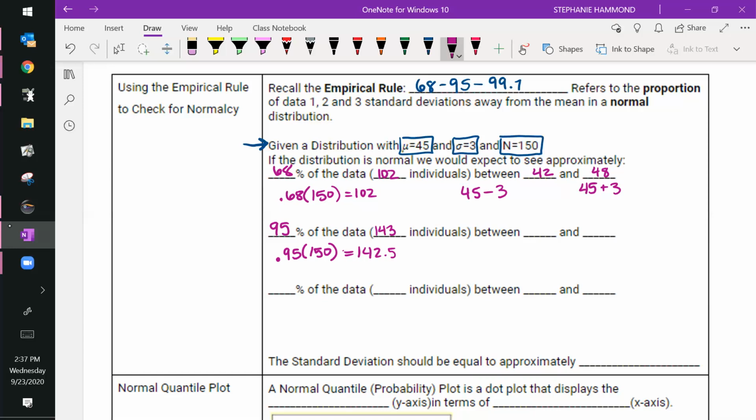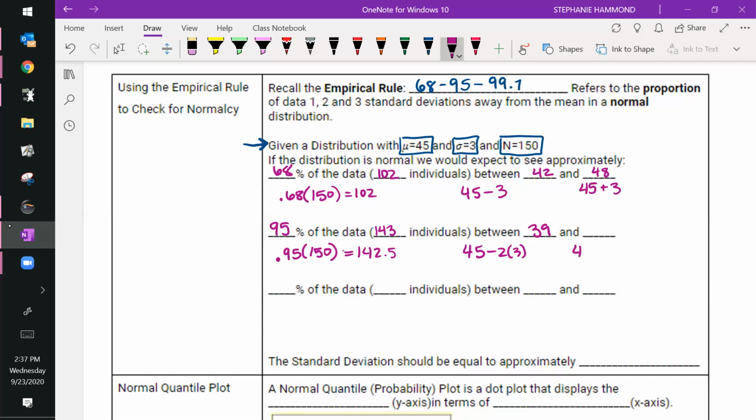So again, if this data is normally distributed, then we're going to expect 143 individuals, which is 95% of the data, to have a value that is 2 standard deviations away from the mean. So I take my mean again, and now I'm going to subtract 2 standard deviations, or 6, which gives me 39. And then I do the same thing to find the upper bound.